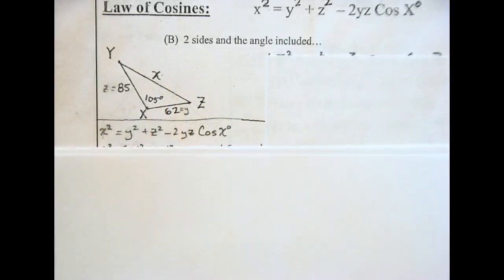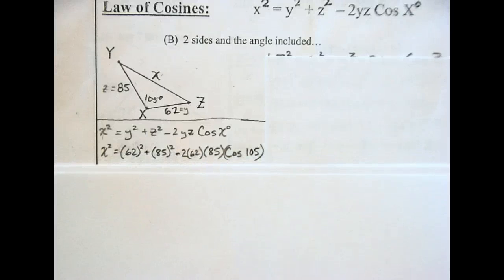Once I plug in y, 62, and z, 85, and the angle x is 105, I'm just left with that variable x. How many of you came up with trying that? Okay, I saw that some of you were talking about it. So that's our first step.